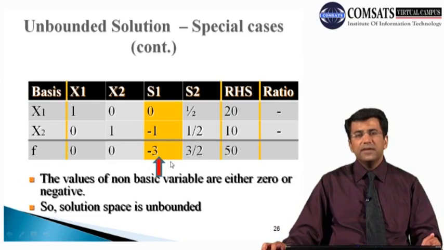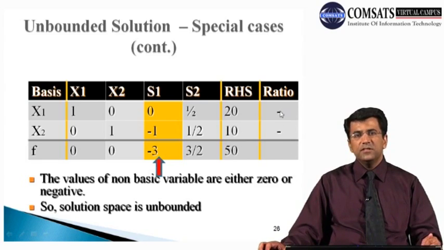Now class, this is our next table, and in this particular table you can see that if this is your pivot column, we cannot compute the ratio values in this case, because all the values in this ratio column will be either infinity or negative.